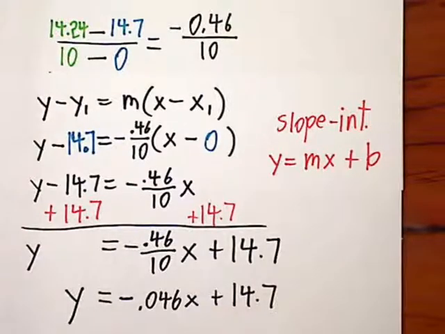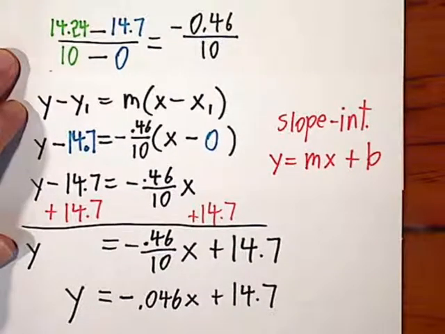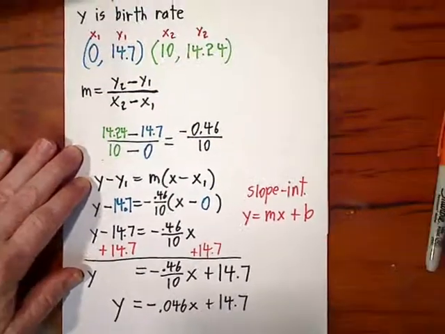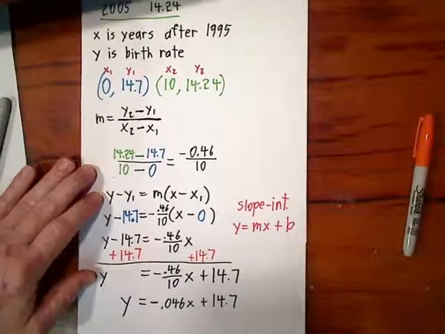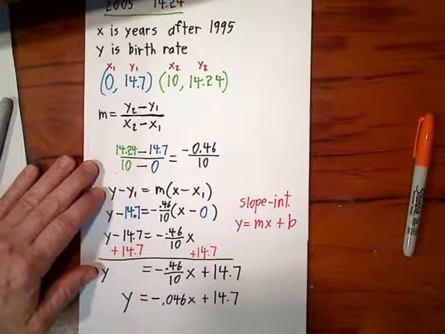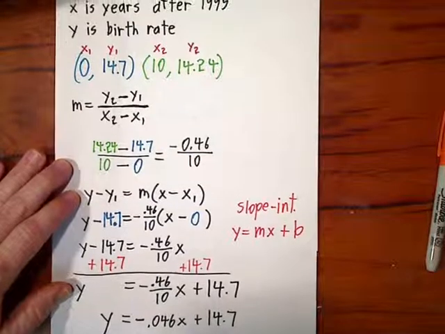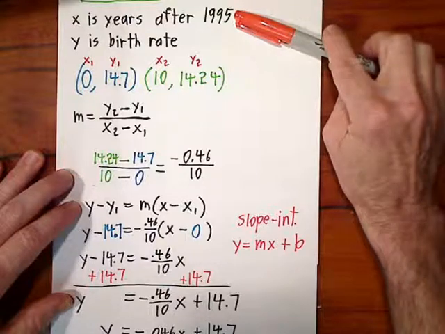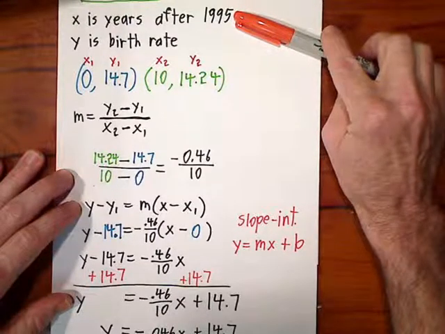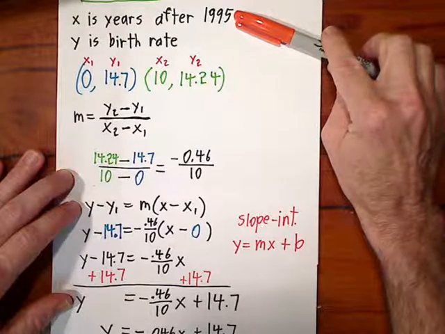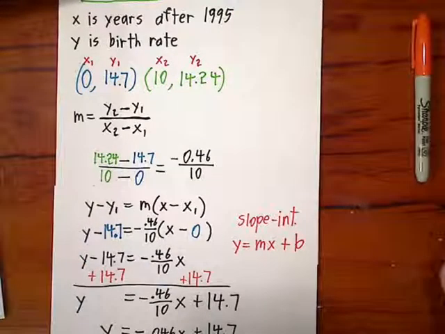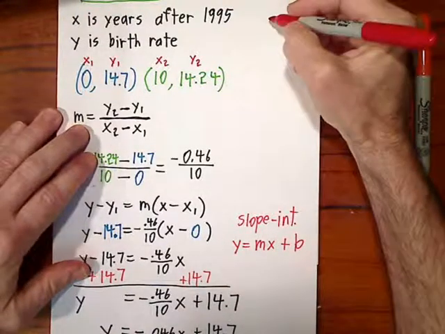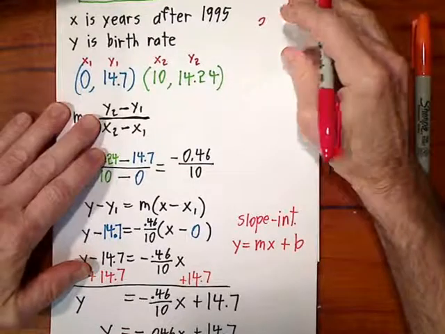I'm going to zoom out for a second for this last question. Okay, so x is years after 1995. That's what x stands for. And they want to know the birth rate in the year 2015.